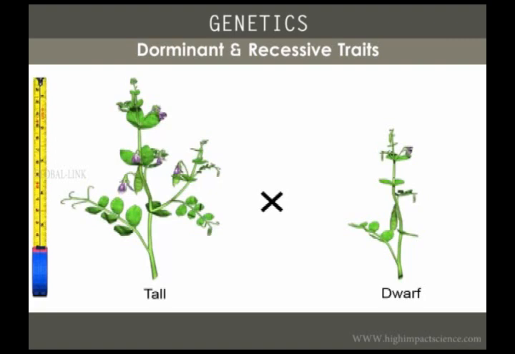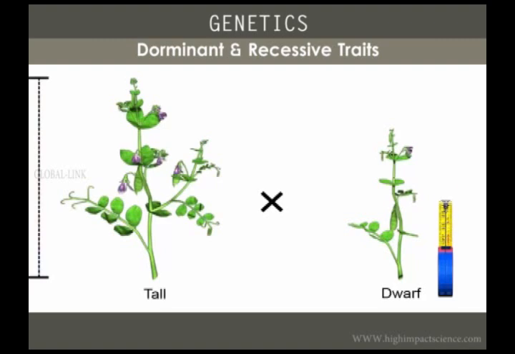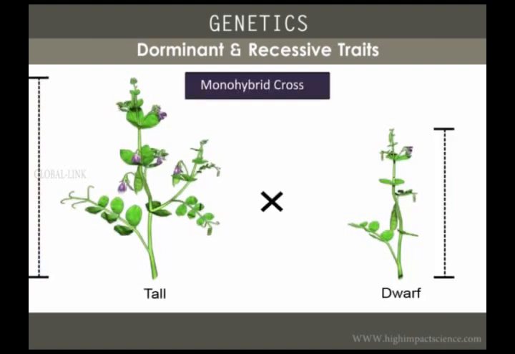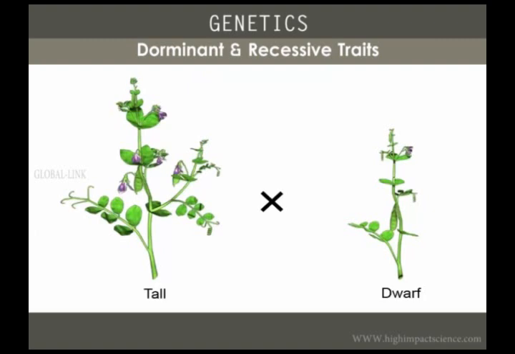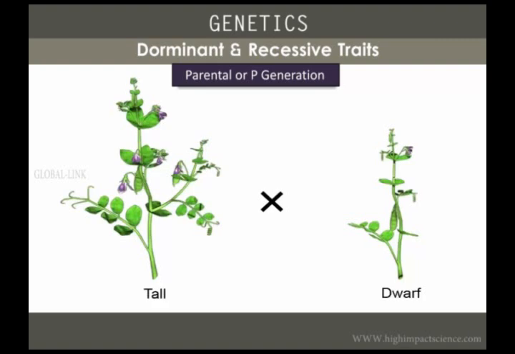Since the cross was between plants that differed in a single trait, that is height, Mendel called it a monohybrid cross. Further, Mendel called the tall and the dwarf plants of this experiment the parental or P generation.